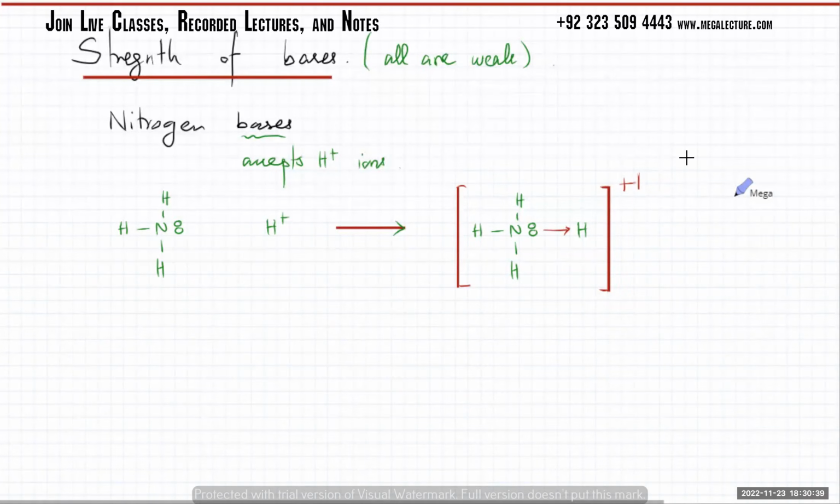So that's why nitrogen is a good base, because it's got these lone pairs.